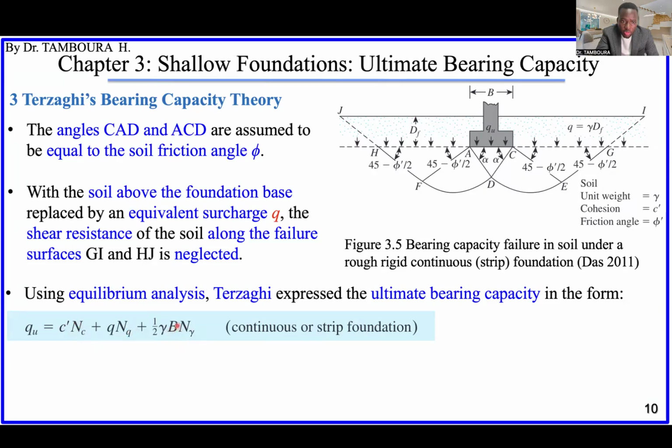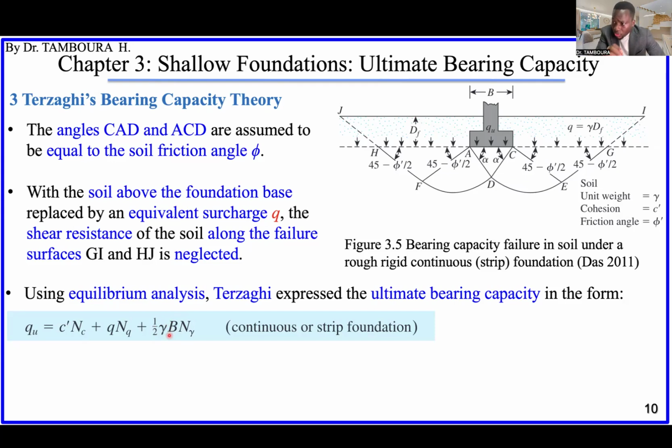B, I think you know already. It is just this dimension, the width of the foundation, okay? And c is also known, it's just the cohesion of the soil, okay? And q is here already, the surcharge. Also, sorry, gamma is the unit weight of the soil, okay?